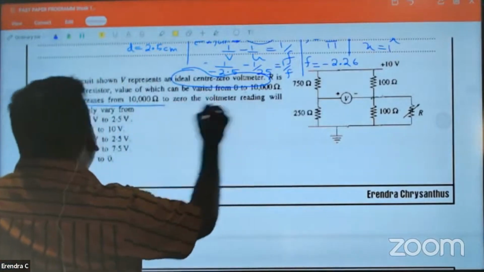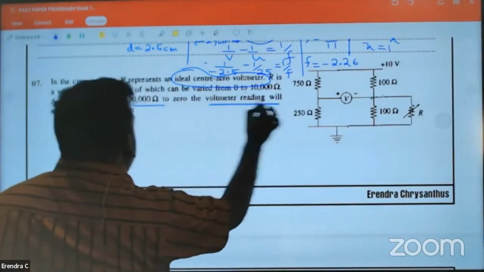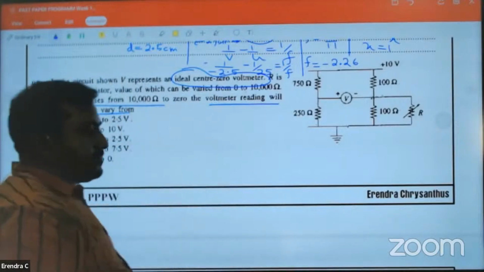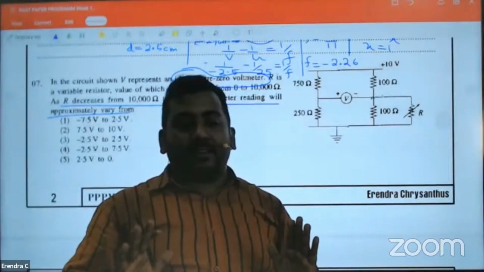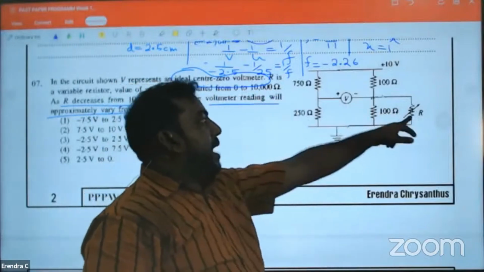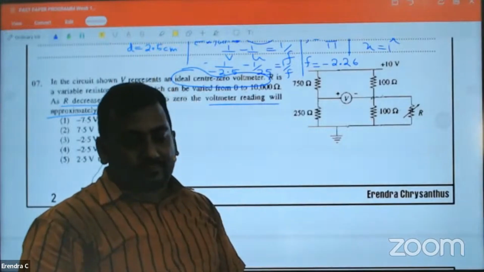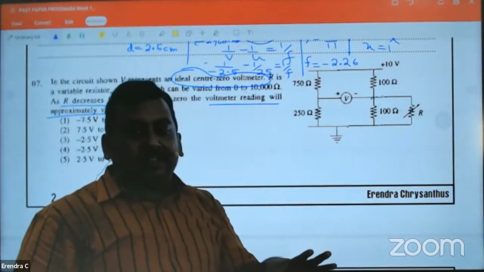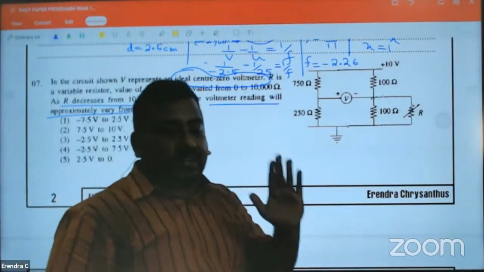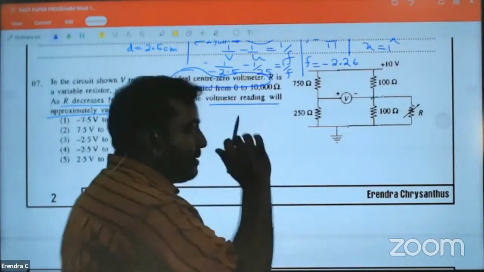The voltmeter reading will approximately vary. What is happening? Whatever happens, current won't go across this. Yesterday's work, small reminder.